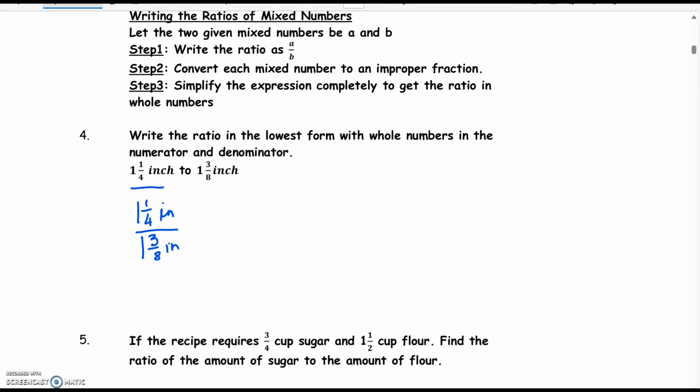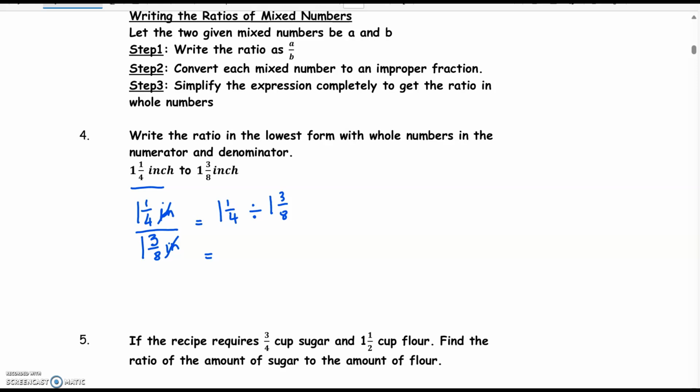Now, the minute we put one number over the other, we can cancel common factors. Now, here we have a mixed number, and I'm going to use this division symbol. It's easier to simplify when we have this division symbol when dealing with mixed numbers or fractions. So this is how we simplify mixed numbers.